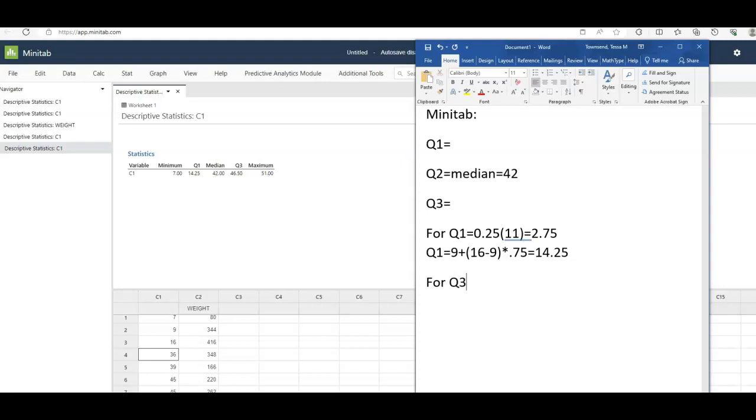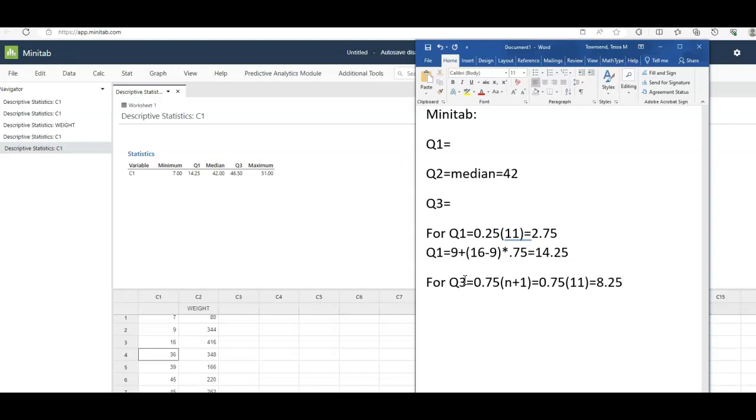For Q3, here's what it's doing. Remember that separates the bottom 75% of data from the top 25% of data. So we're going to take that 0.75 times n plus 1. And we're going to figure out what that is. Now that's not going to be a whole number here. It's going to be 8.25.